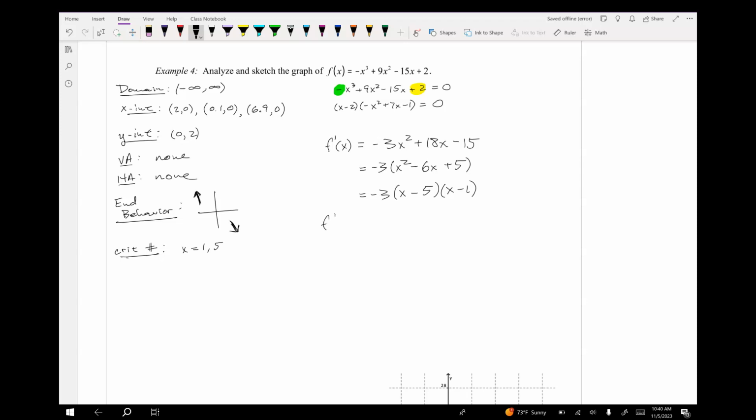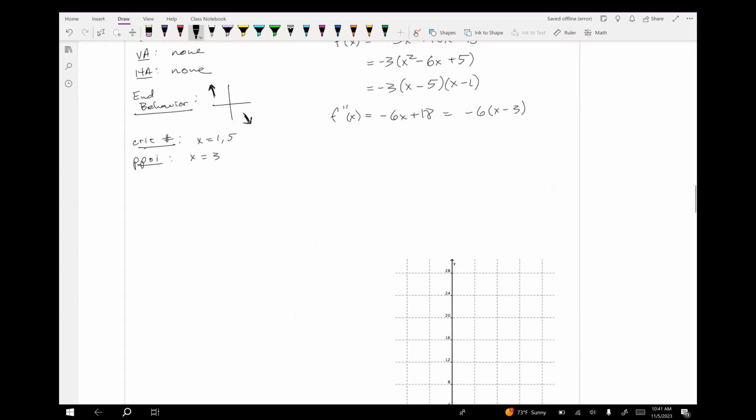And then taking a second derivative, we get -6x plus 18, which if you want, you could factor that, I suppose, and get, what, x minus 3. And then we have possible point of inflection at x equals 3.